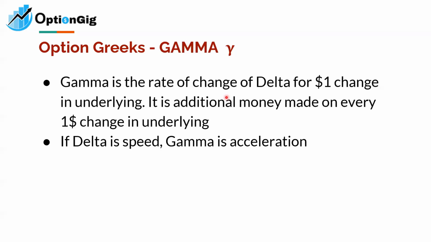If gamma is low, it means the delta doesn't change much, so my option pricing won't change too much. The rate of change on option pricing will be less when gamma is less. If gamma starts to increase, my option pricing starts to change at a very fast pace. That's all we need to understand from a gamma perspective.